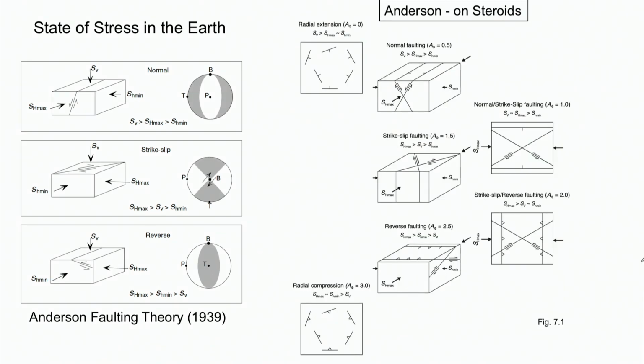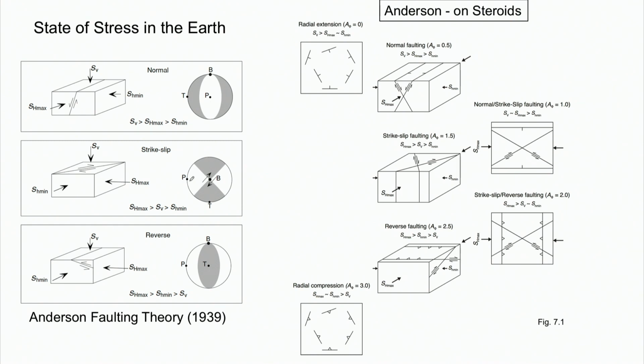Now, what we've done since, in improving on the Anderson faulting definition, which we colloquially refer to as Anderson on steroids, involves 4 other stress states. So these 3 in the middle are exactly the same as what Anderson did: normal faulting, strike slip faulting, and reverse faulting.